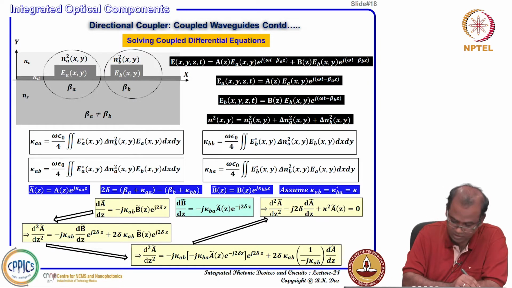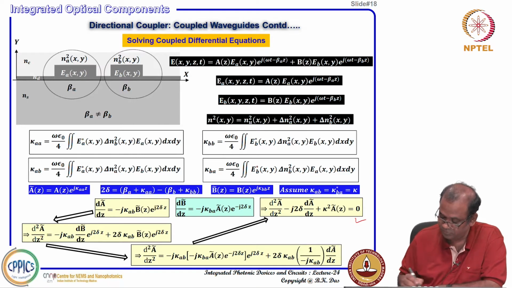So, what we get? We get this equation. This term goes like this, and this term goes like this, because this one cancels, e to the power minus j 2 delta z. Delta is different, delta is defined by this one. So, this one will become this one.